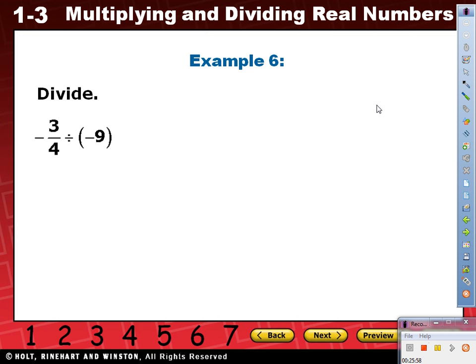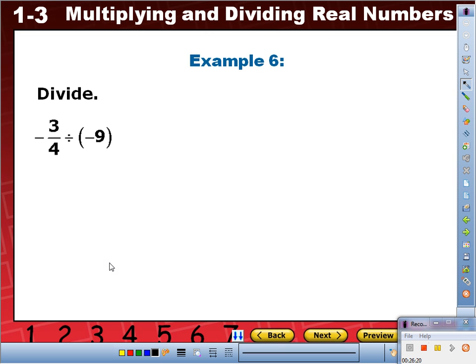Okay. Example number 6. Do that one by yourself. Go. You got 20 seconds. Divide. Negative 3/4 divided by negative 9. By now you should be able to do these like no problem. Go. Okay.